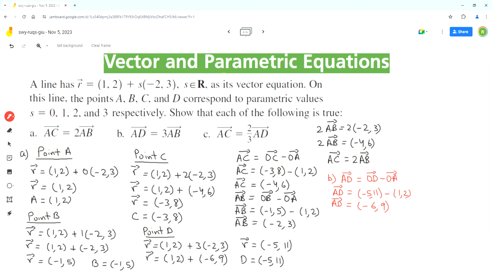We have already found vector AB. Now we can multiply vector AB by 3. We can multiply both components in this vector by 3.